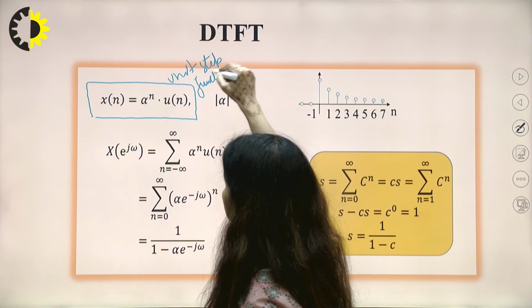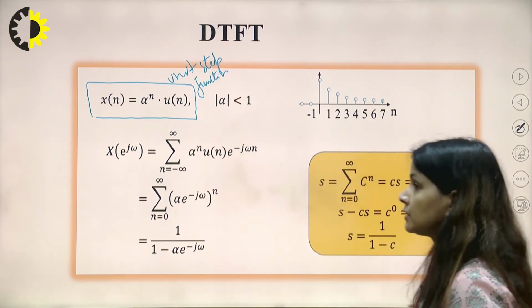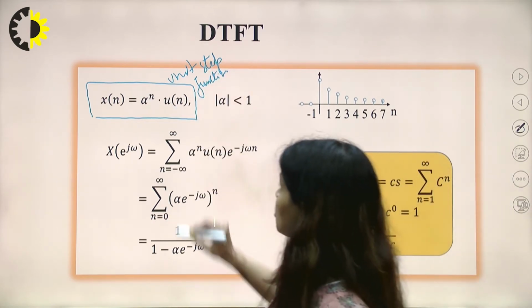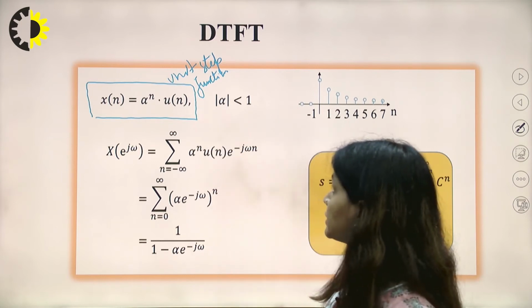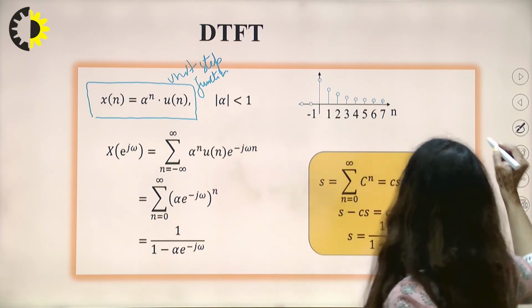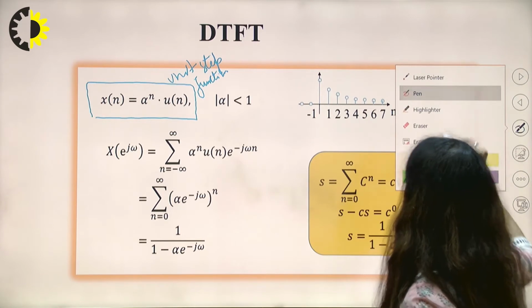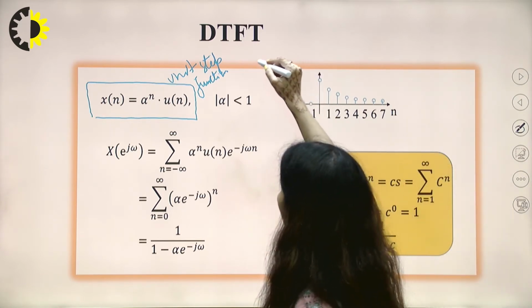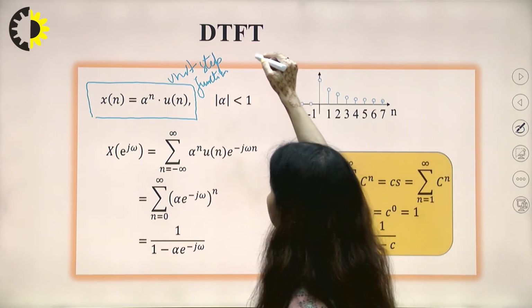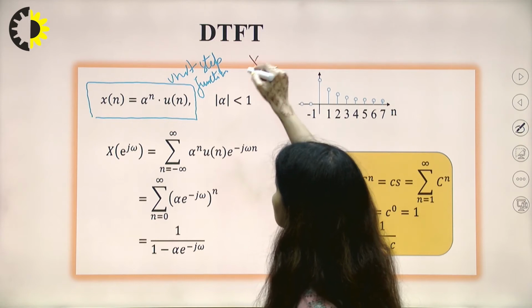And it is in discrete sequence, right? So how to calculate this? We have the formula that the DTFT is X(e^jω).